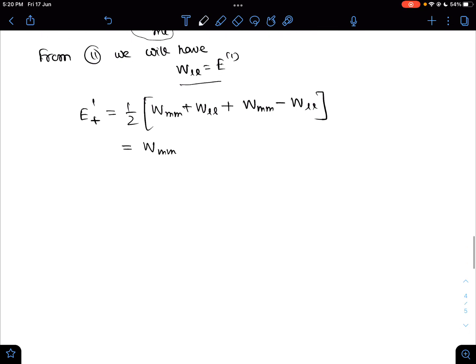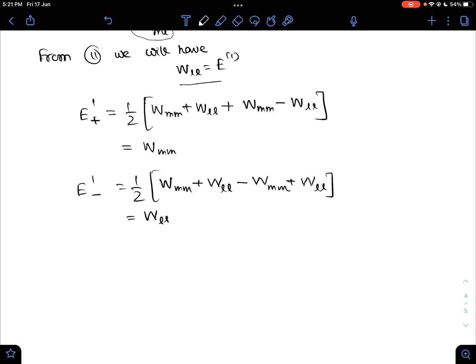Similarly, E1 minus will be half of WMM plus WLL minus, so here we will have minus omega mm plus omega ll. So it will simply give us WLL.